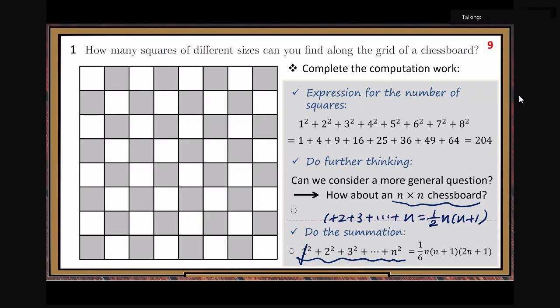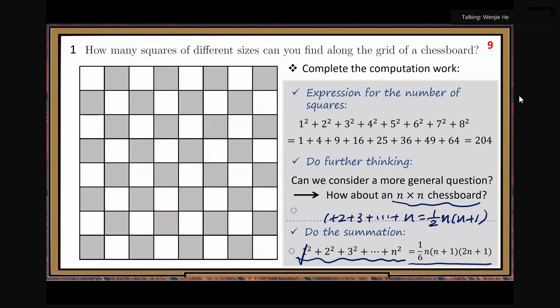So here, I do not go that far. I just give you the formula directly. Usually, when people prove this formula, if you are given this formula, how do you verify it is correct? One commonly used method to verify this formula is mathematical induction.